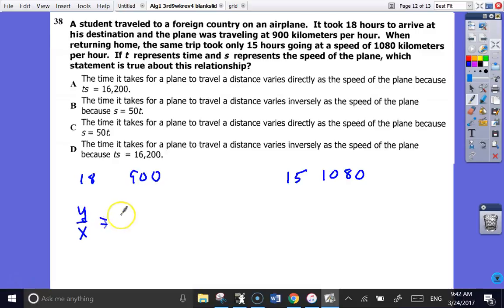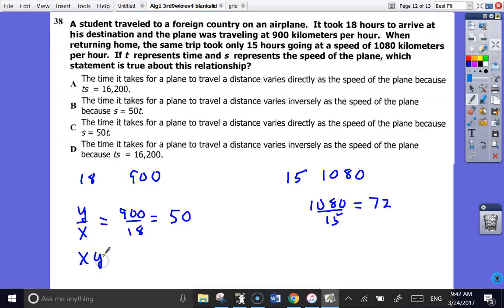So what is 900 over 18? 50. Okay, what is 1080 over 15? 72, right? So those are not the same. Therefore, this is not a direct variation. That was a check for direct. Now we're going to check for inverse.